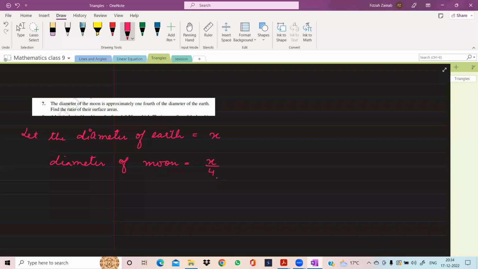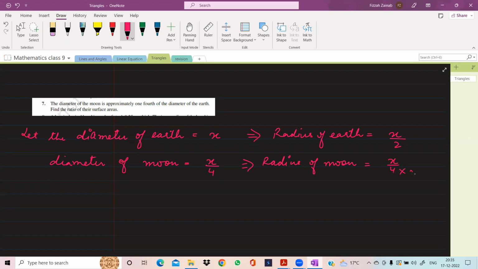All right. So find the ratio of their surface area. So let us find out the radius first of all. This is the diameter of earth. So that means the radius of earth will be diameter divided by 2, that is x by 2. And similarly, the radius of moon is equal to this x upon 4, divided by 2.